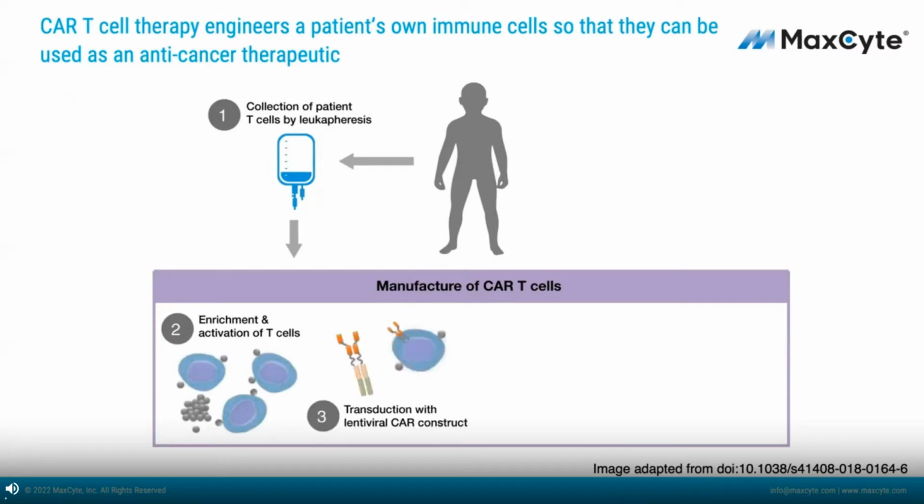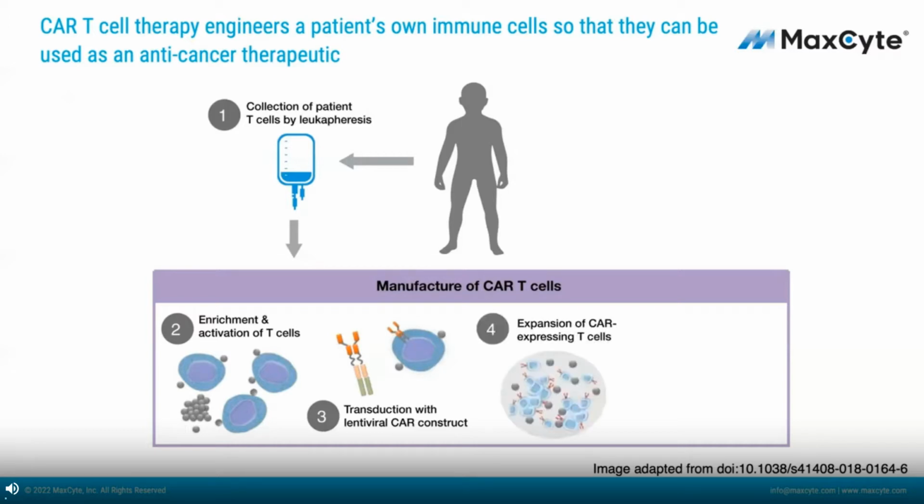And then we are putting in this chimeric antigen receptor into the cells so that it is stably expressed by the cells. And this CAR construct enables the recognition of a specific tumor antigen on the surface of the cancer cells, which will then allow the T cell to specifically target and ideally begin killing the cancer.